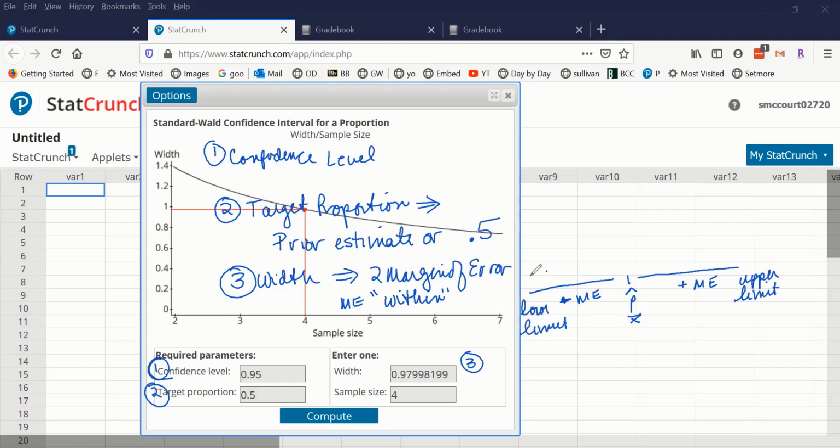And the entire width of the interval then is equal to twice the margin of error. So that's the picture to think about when you're doing this problem. All right, so I'm going to go back to the problem.